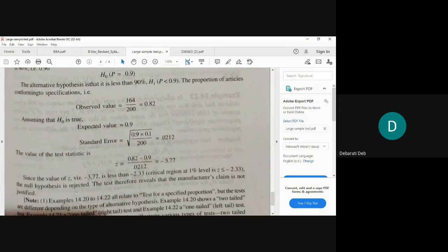Since the value of z, that is minus 3.77, is less than minus 2.33, in bracket write down critical region at 1% level is z less or equals to minus 2.33, bracket close, comma, the null hypothesis is rejected.